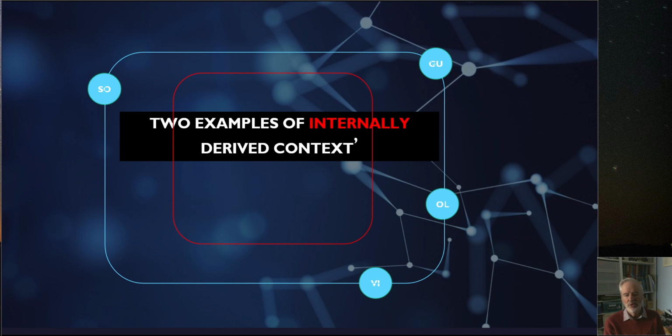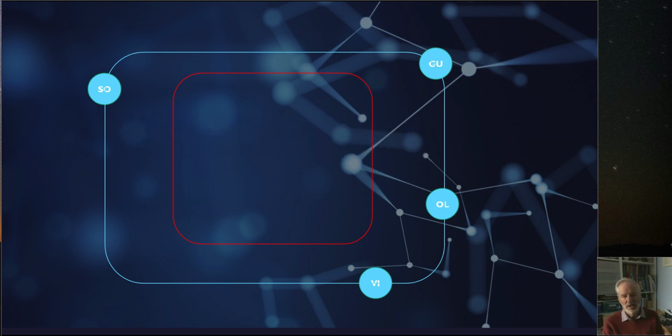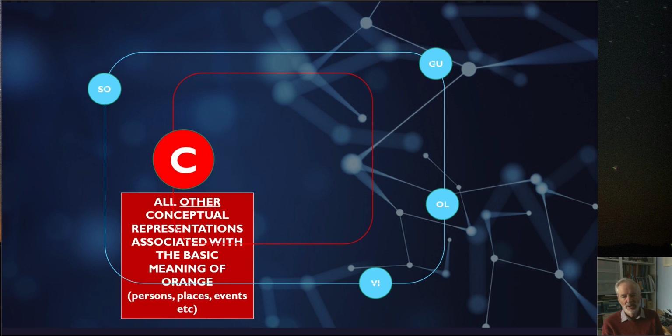Now if we move on to internally derived context, let's just take those two hubs I was talking about. Let's take the conceptual system. Within the conceptual system, apart from this basic meaning of orange that we're talking about, there will be other conceptual representations which accumulate to it, making it much more of a complex representation than it already is.